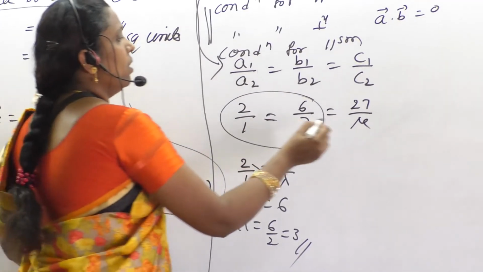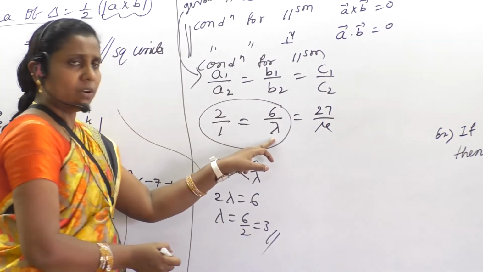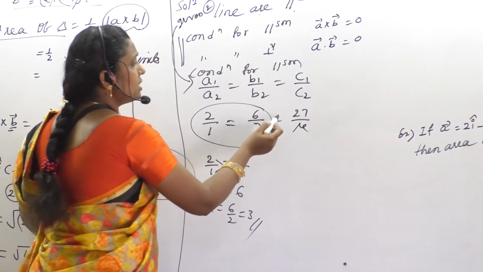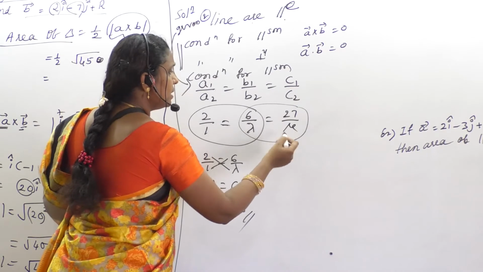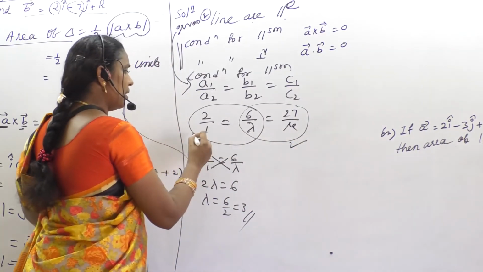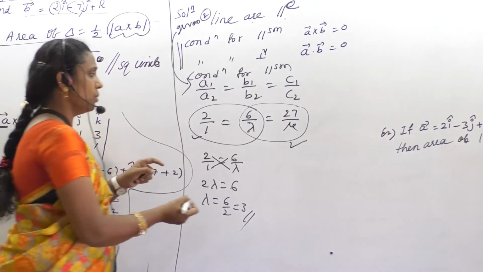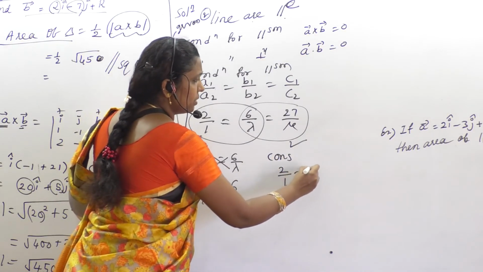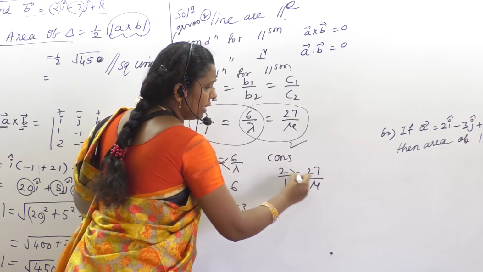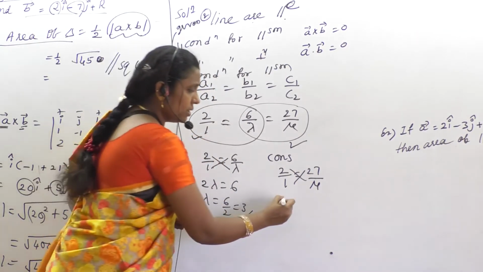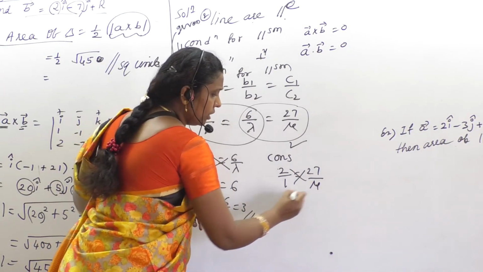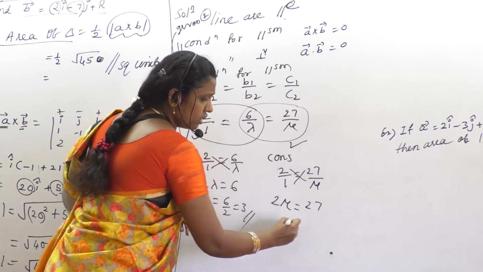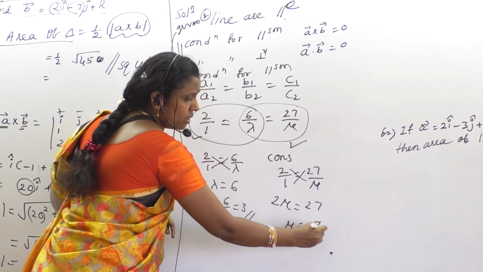Next, the lambda value here we got. You can take the pair of these two, otherwise the pair of the third and first one. This is left to you. Now I will consider the first one and the last one, 27 by mu. Again go for cross multiplication to get the value of mu. 2 into mu, this is 2 mu, it is 27, mu is equal to 27 by 2.